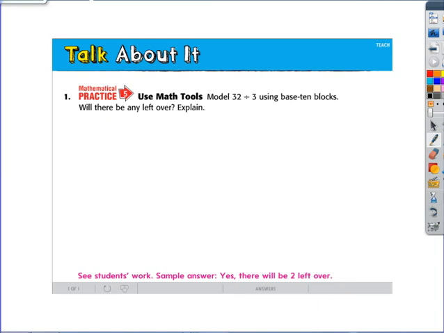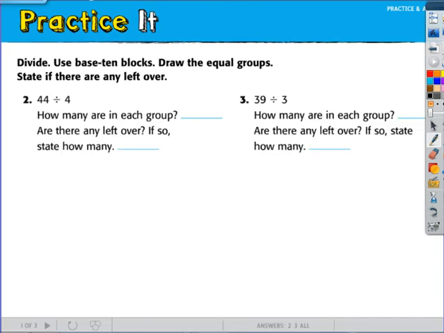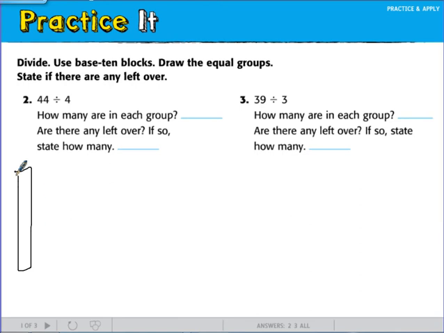So now 2 through 12, you guys are on your own. I know what you're going to want to do is just write down the answers. That is not what we are trying to accomplish here. I need you to show. Now, just like I did, you can use a long rectangle for your 10 and a square for your ones.